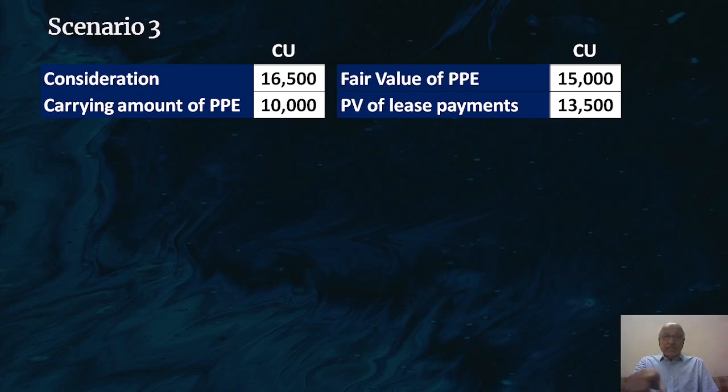Total lease liability is 13,500. That is for both financial liability and lease liability. So if financial liability is 1,500, lease liability will be 12,000 rupees, 13,500 minus 1,500. Now I show you in detail.